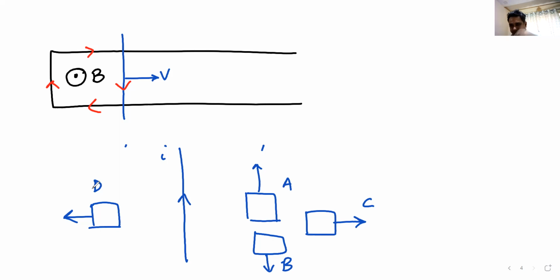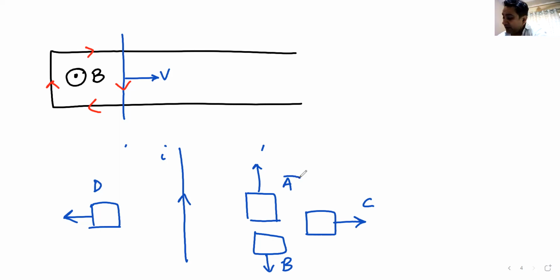So what does that imply? Change in flux is 0. Flux is constant. There is a difference between change in flux being constant and flux being constant.